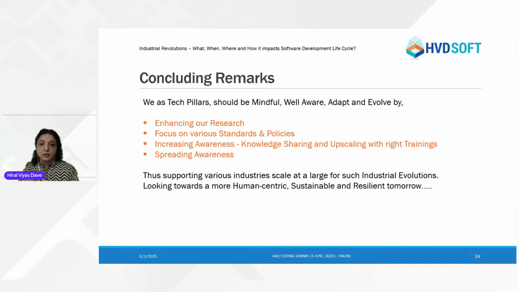Like I said, I got the chance to study all this which I presented to you, and it was so good to know how many things can impact the way we are designing architectures or writing our software. So enhancing our research, focusing on the standards and policies, being aware of them, not only upscaling ourselves, but upscaling or rescaling the people who are there in the industry.